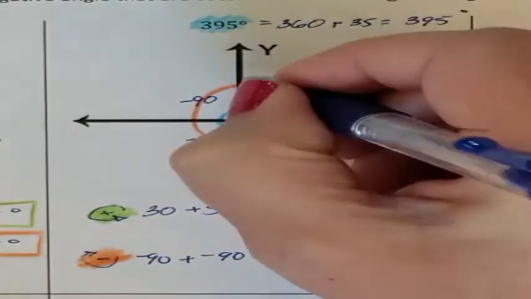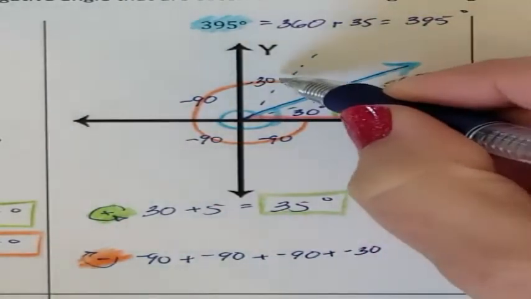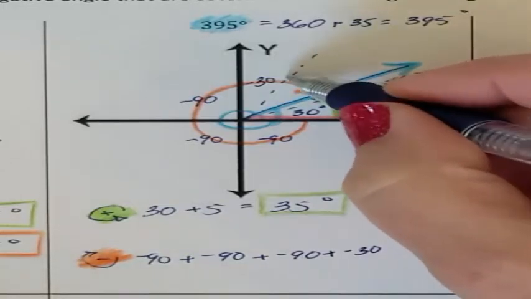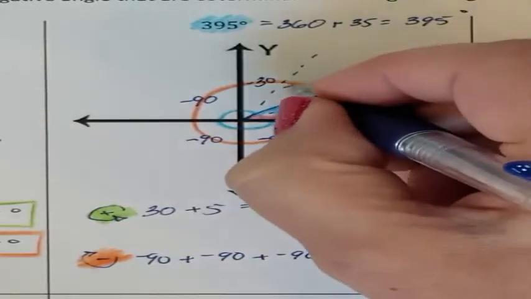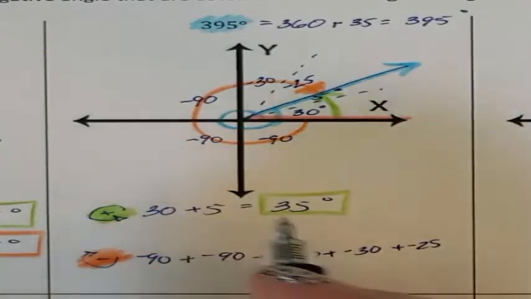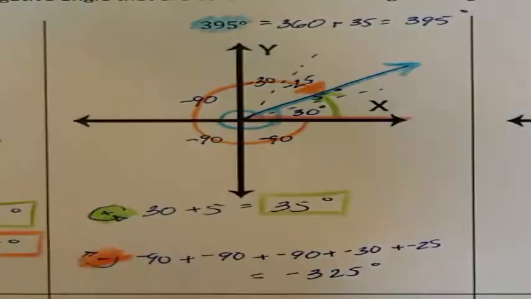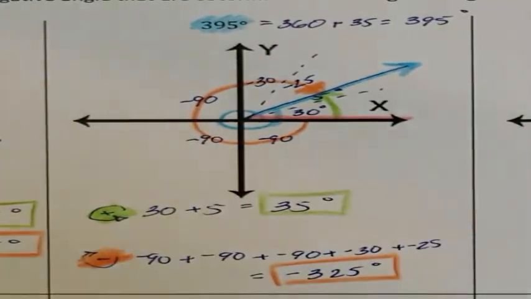This right here is a negative 30. I stopped before completing the entire 30. Remember, it was 5 in, so this is a negative 25. So I went all the way around, and I found negative 325 degrees is my negative angle.